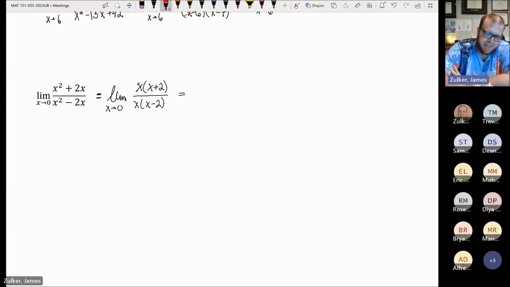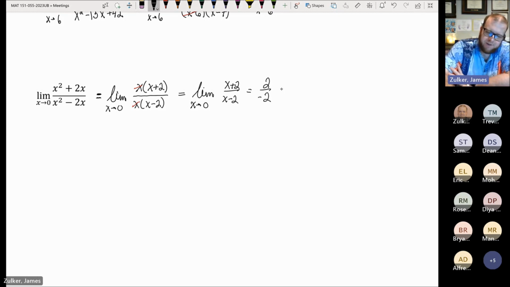We are able to cancel out the x's. Again, we're allowed to do that because we're approaching 0, meaning we're never going to actually equal 0. We now plug in 0. We get 2 over negative 2, which is just negative 1.